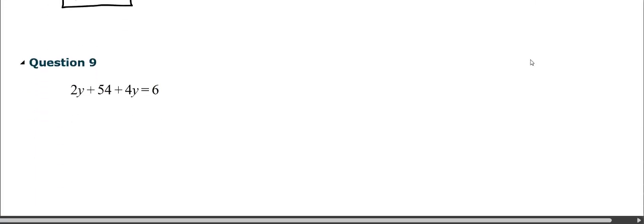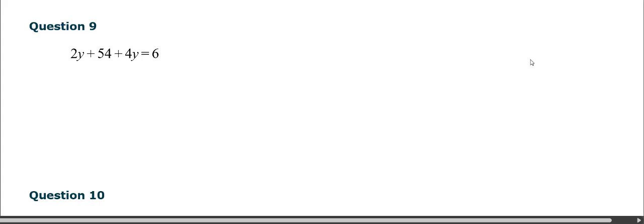My next problem. I have 2y plus 54 plus 4y equaling 6. So as I talk about in all these problems, we want to look at the left-hand side and do all that we can on the left-hand side, and then the right-hand side as well.